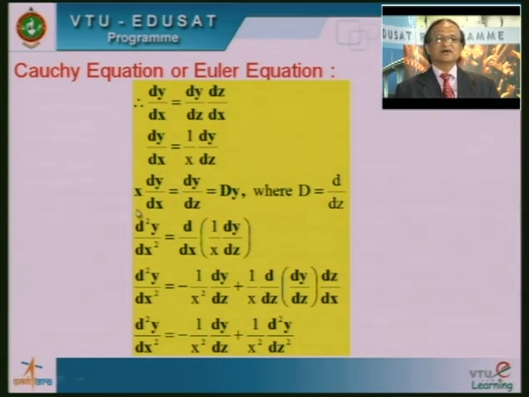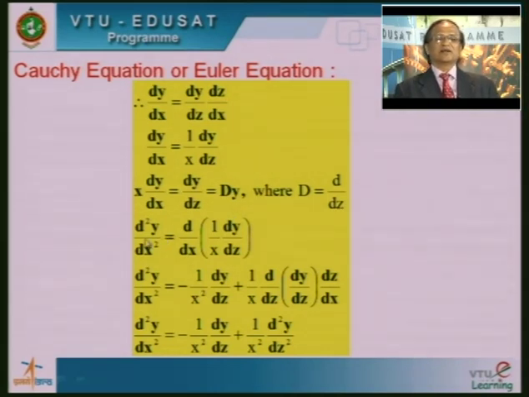It means in the given equation I can replace x into dy by dx by capital D into y. It means this term is converted into a linear differential equation with constant coefficient. Is it clear? Suppose if I replace x into dy by dx by capital D into y, that becomes the linear differential equation with constant coefficient.